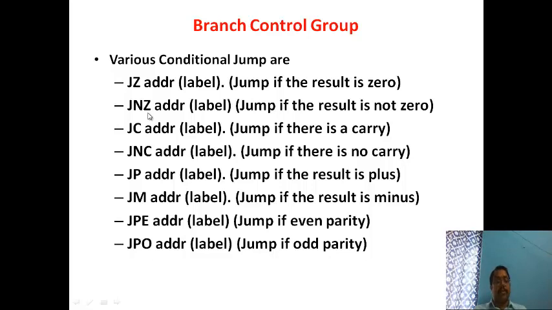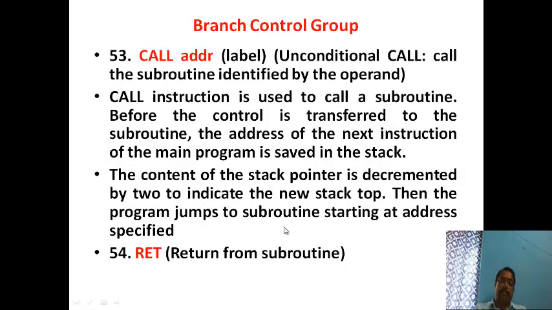Similarly, jump if there is no zero, jump if there is carry, jump if there is no carry, jump if it is a positive number, jump if it is a negative number, jump if the parity is even, jump if the parity is odd. So all this will check for the condition, and only if the condition passes, it will move to the new address, or else to the next line of the program.